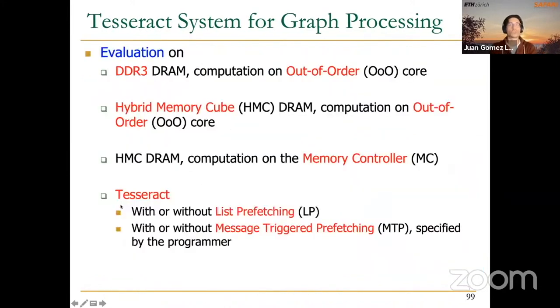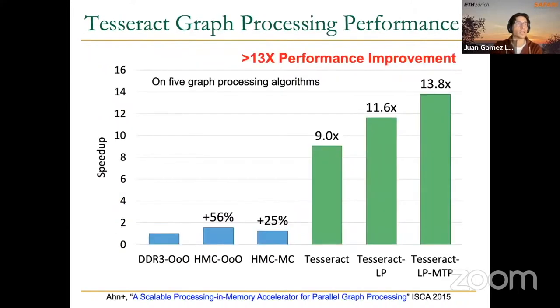The Tesseract system was compared to different configurations of conventional processor-centric systems, like out-of-order cores, in-order cores, with DDR3 DRAM, with HMC memory, and the performance improvement was really good for several graph processing algorithms.